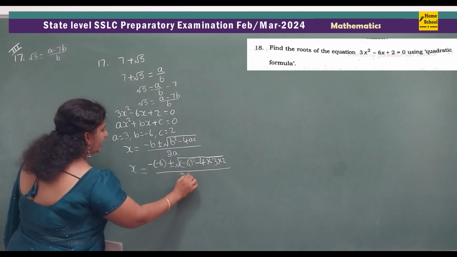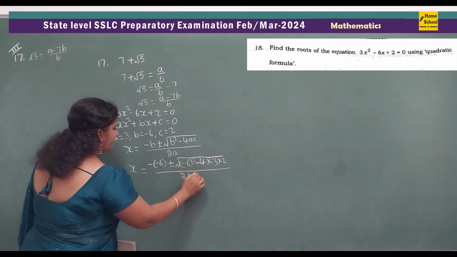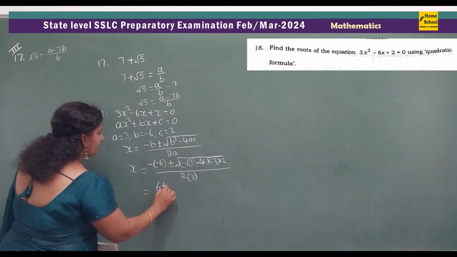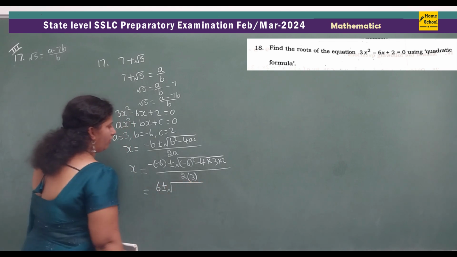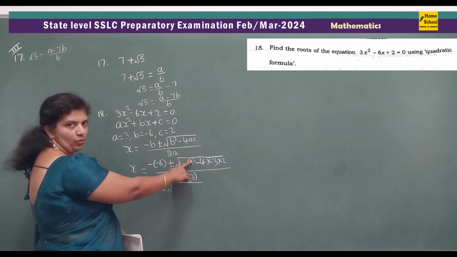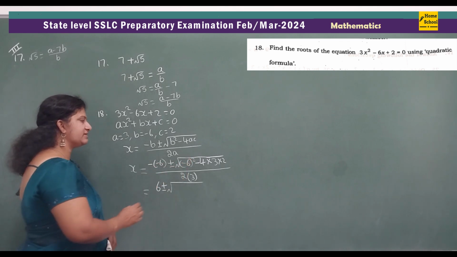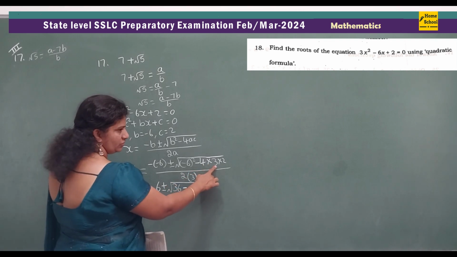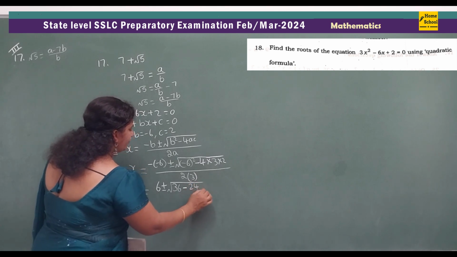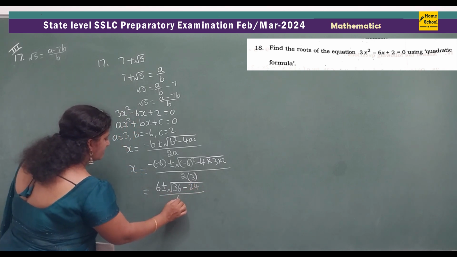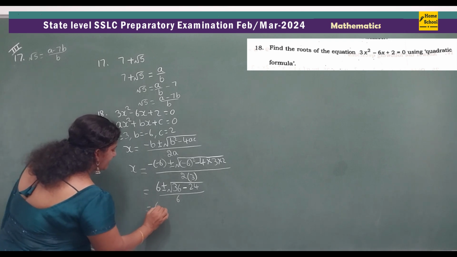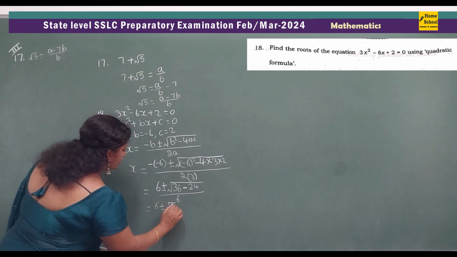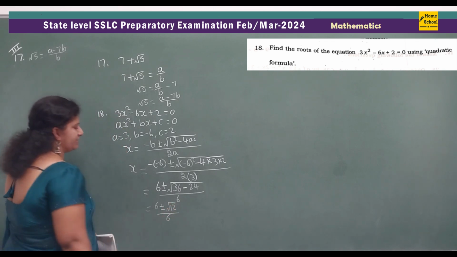by 2 into a value is 3, right? Minus into minus plus 6 plus or minus square root of minus 6 whole square, 36, minus 4 3s are 12, 12 2s are 24 by 2 3s are 6. 6 plus or minus square root of 36 minus 24 will be 12 by 6.